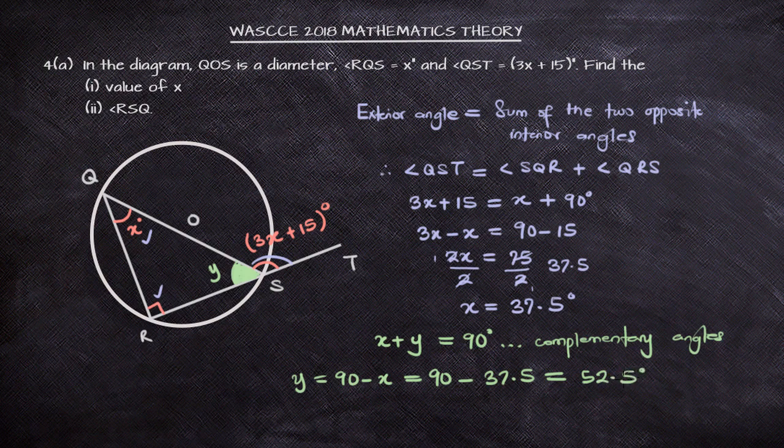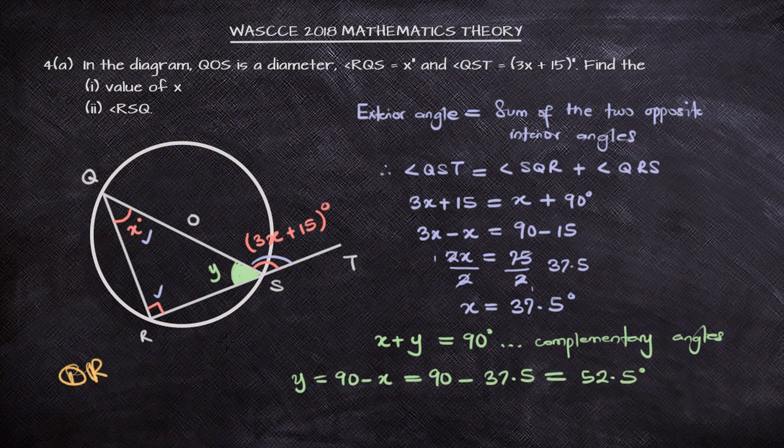Now, understanding the concepts, the theorems of triangles, circles will help us in solving questions like this. There are so many ways you can use to solve it. Alternatively, to find the value of y, for example, I can consider the line RST, and from the line RST, I can bring in the equation of a straight line, which will sum up to 180 degrees.